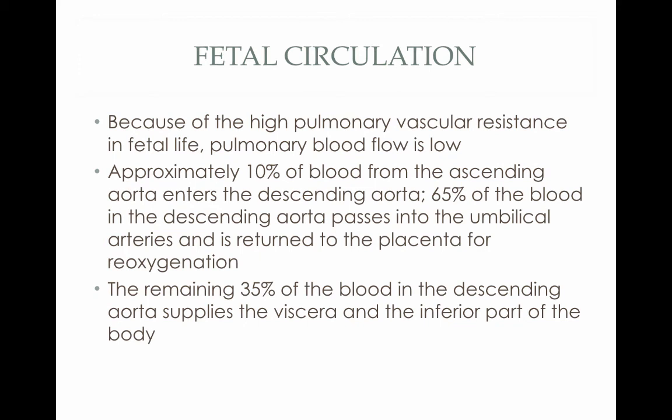The viscera, the other vasculature, and the lower limbs still need blood, so it doesn't just get circumvented back to the placenta. Blood is used for development of those lower structures.